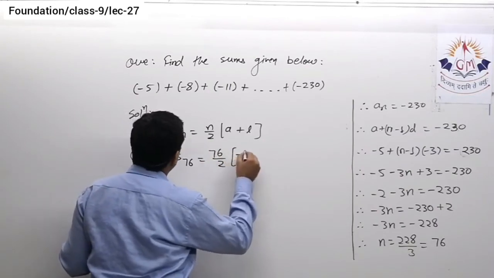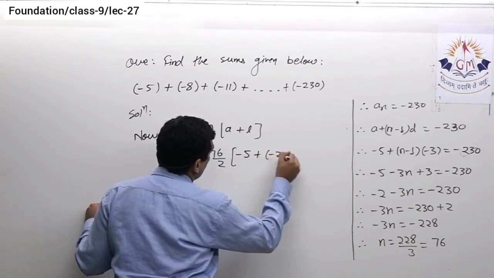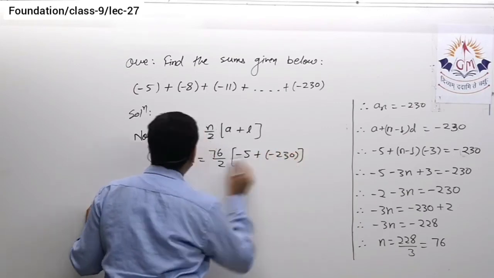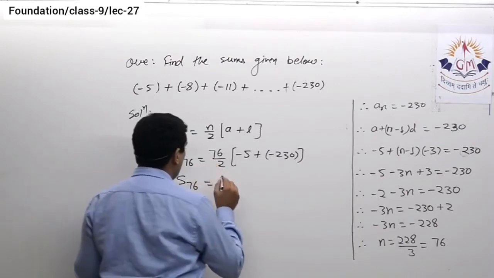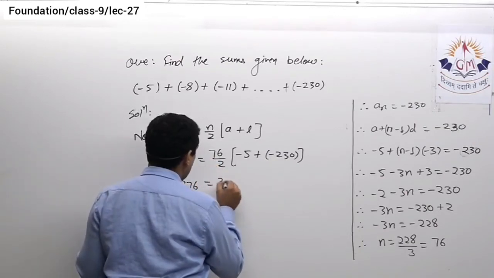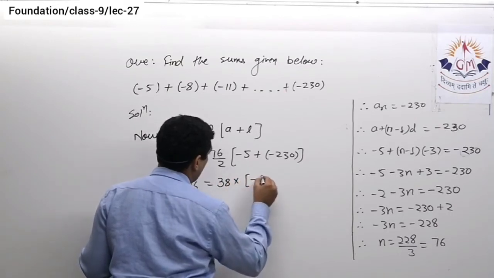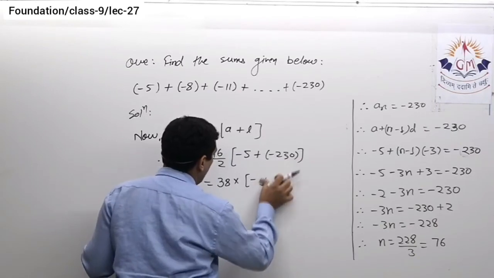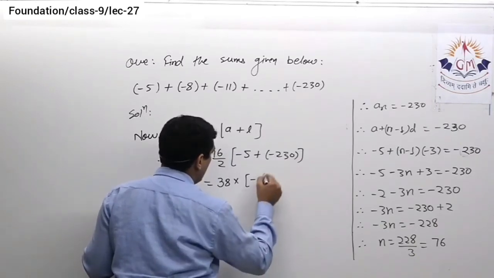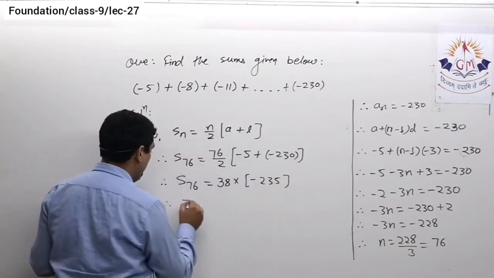Now A is minus 5 and L is minus 230. So S76 is equal to minus 5 minus 230, that is minus 235. Their product is the final answer.